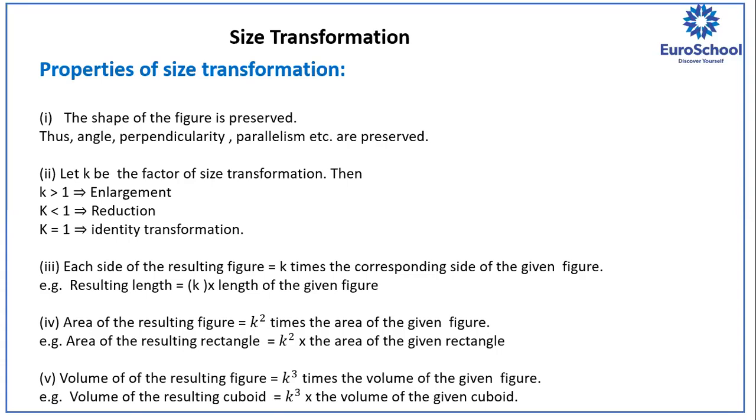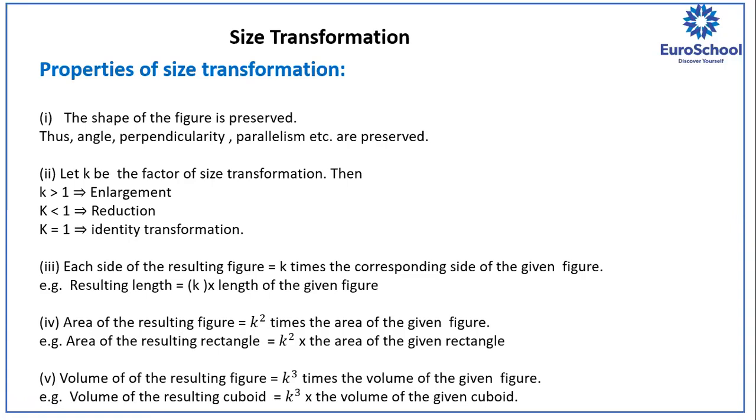Is this understood? Ma'am, I did not understand. Okay. Suppose you have a rectangle in front of you. What will be the area of the rectangle? Length into breadth. Now I'm saying enlarge this rectangle by 2, each side by 2.